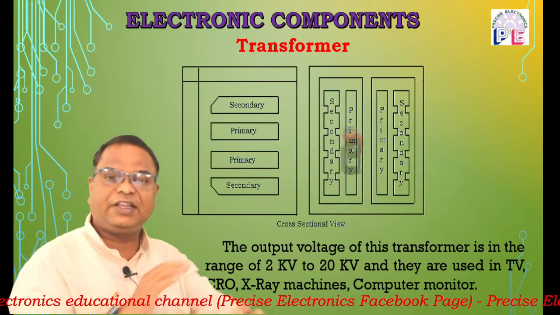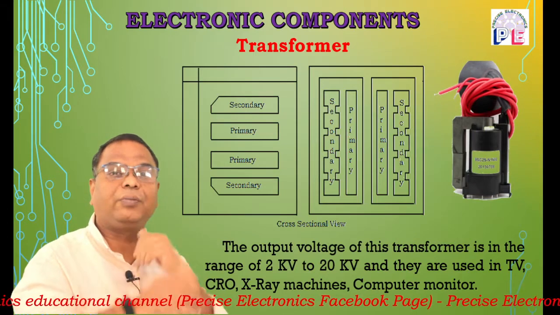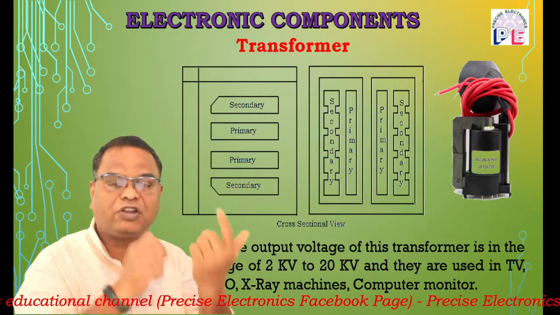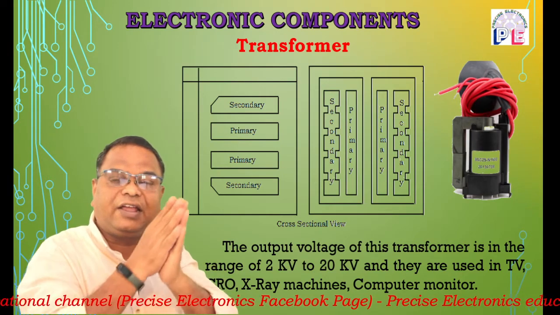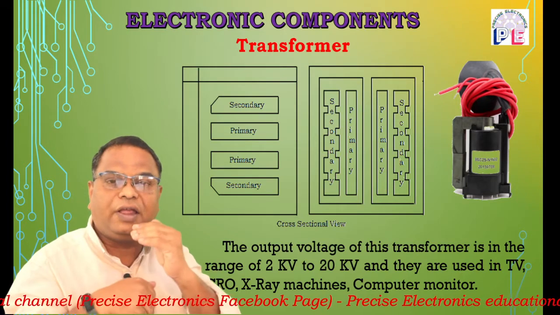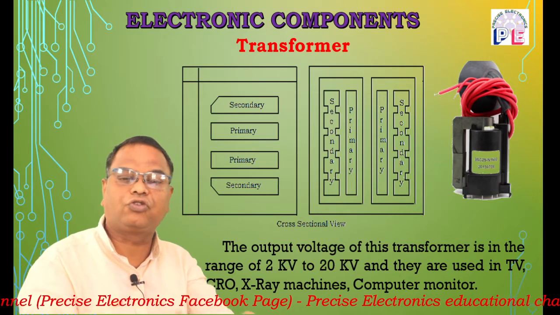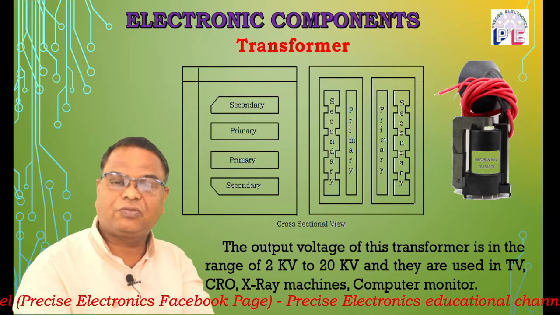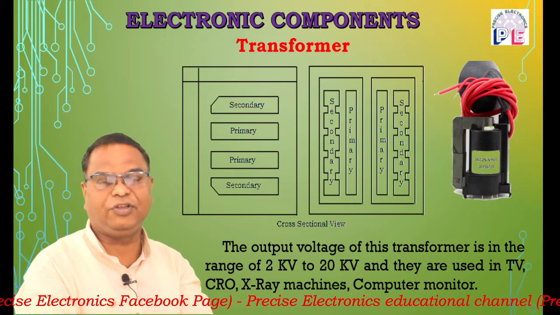From it, it is clear that there are two sections of coils, primary and secondary coils. Two separate bobbins are used for these coils, and the coils are properly electrically isolated, so there is no risk of electrical leakages. These transformers are mostly used in X-ray machines, cathode ray oscilloscopes, and televisions.